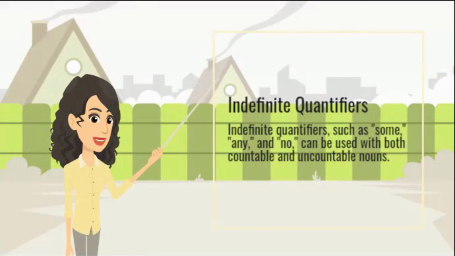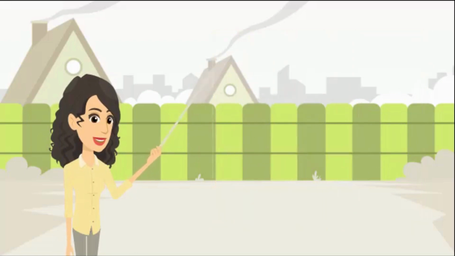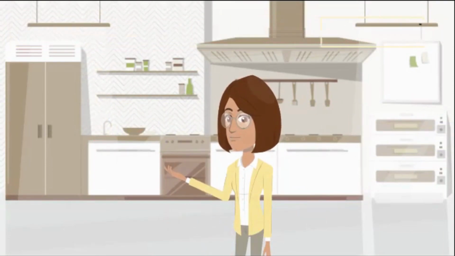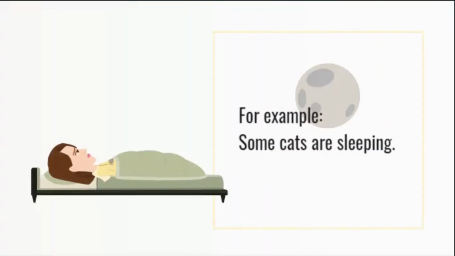Indefinite quantifiers. Indefinite quantifiers, such as some, any, and no, can be used with both countable and uncountable nouns. They are used to describe an unspecified quantity or amount. For example, "some cats are sleeping."